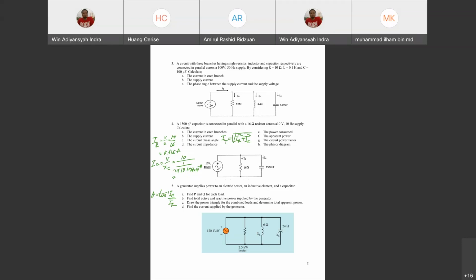D, circuit impedance Z. Z equals V over IT. V is 10.